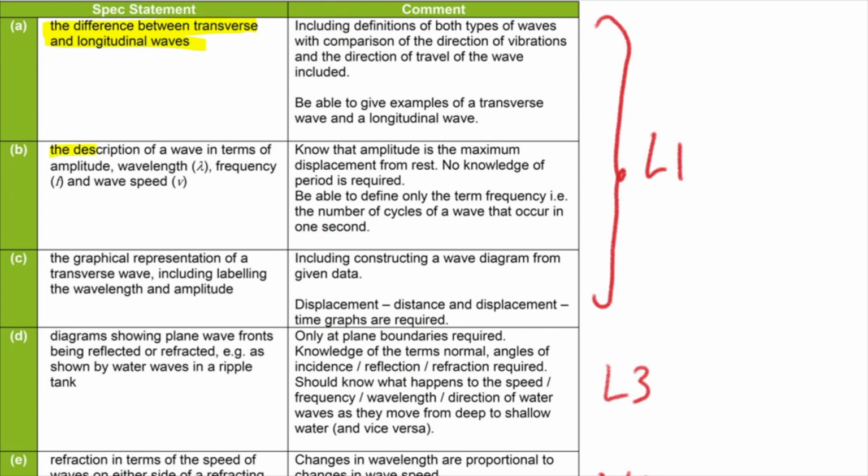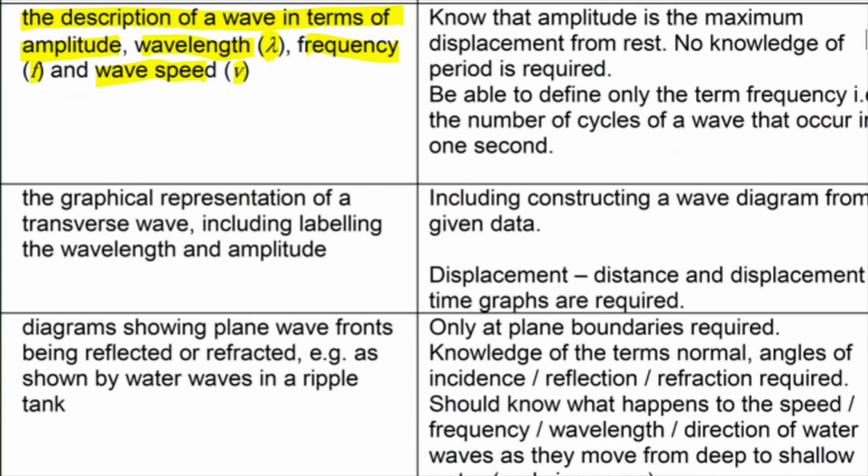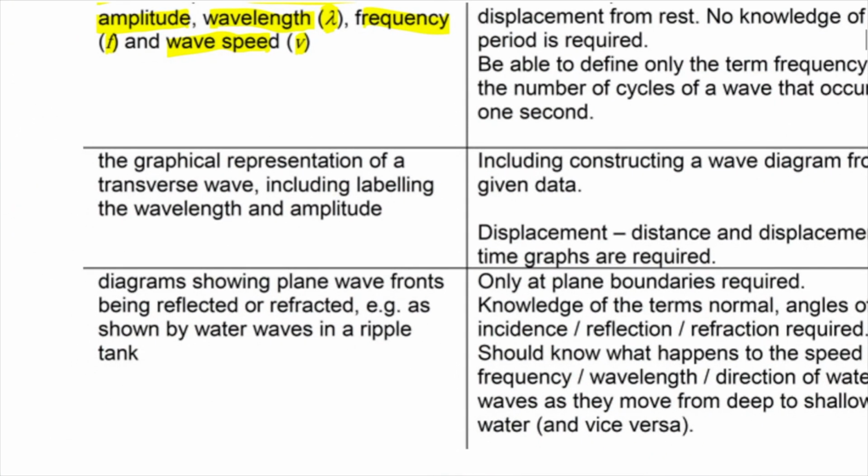The description of a wave in terms of, these are new words for today, amplitude, wavelength, frequency and wave speed. And those things you see in brackets, that's lambda, that's a Greek letter, V and F are symbols for those quantities.